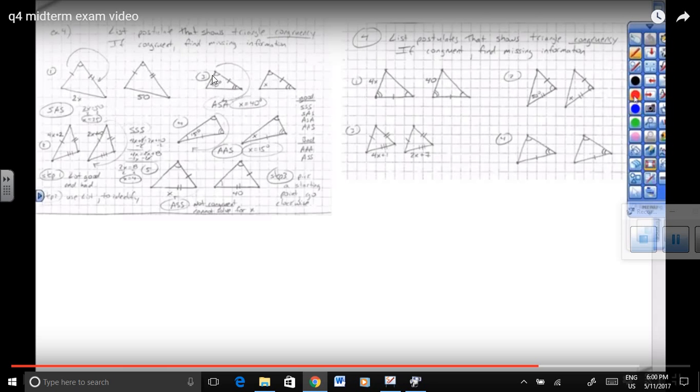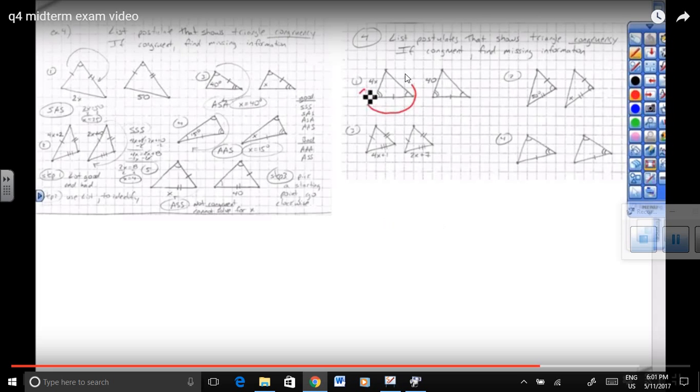Again, start somewhere and follow a clockwise pattern: angle, side, angle. This one is angle, angle, side. So know your congruent triangle postulates. This one is angle, side, side. That is not good. You cannot have that, along with angle, angle, angle. Not congruent.